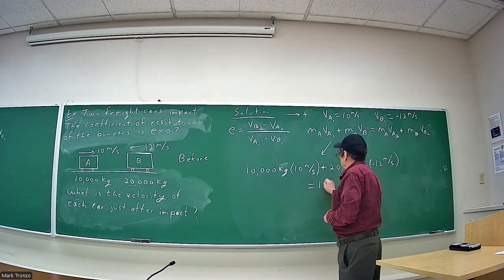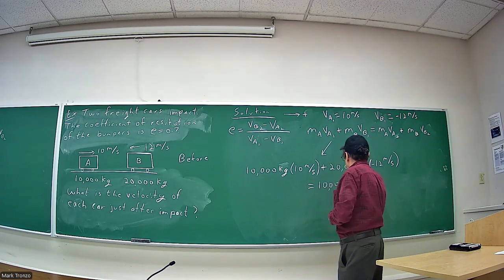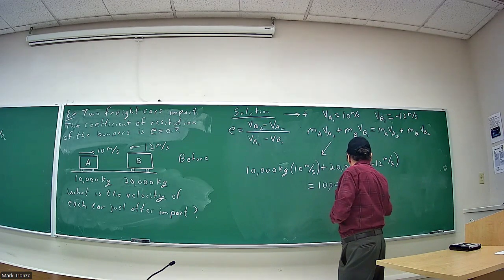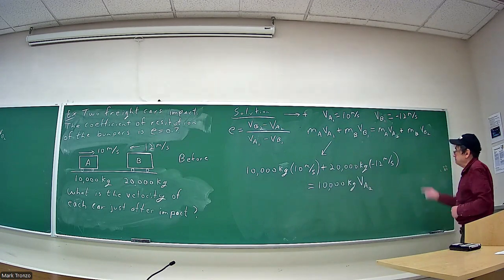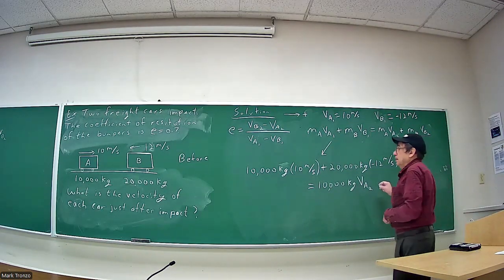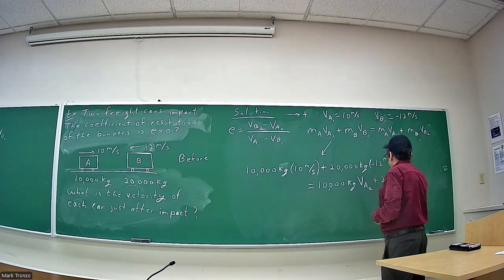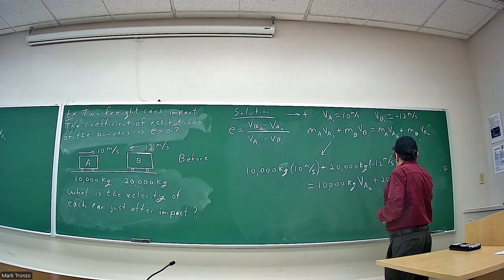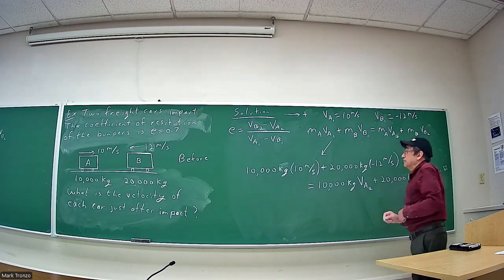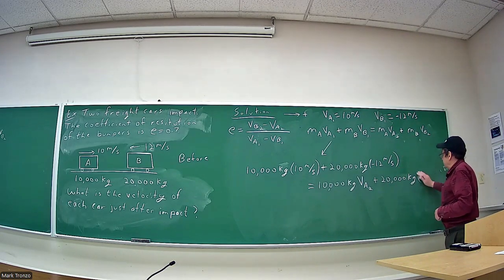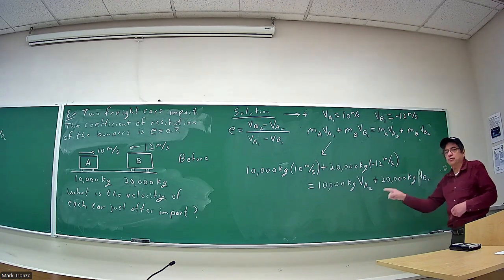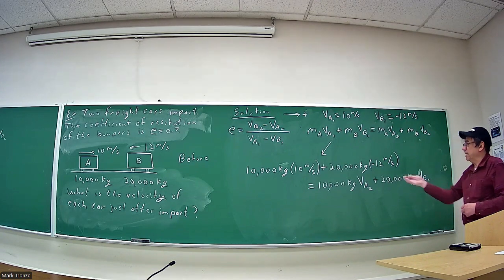So again, we're going to have 10,000 times VA2, which we don't know, plus 20,000 VB2. I'll just assume that they're both positive, going to the right. I'll leave them as positive. Then we can see from the sign of our answer what we'll end up with.